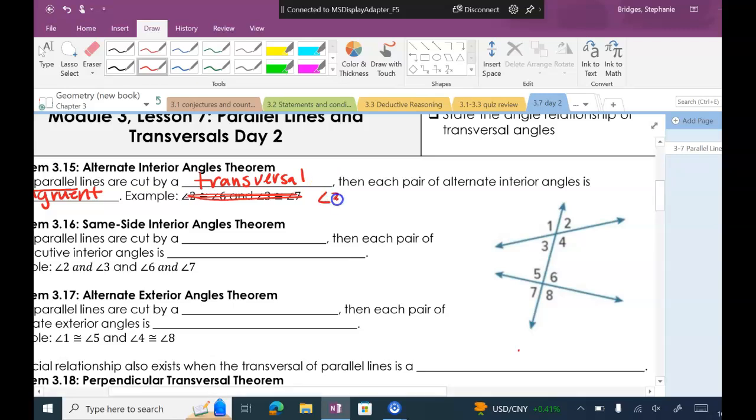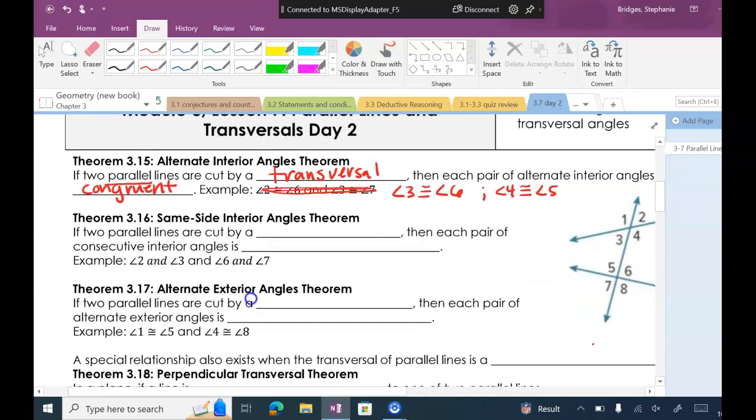So I could say that angle 3 would be congruent to angle 6, and also angle 4 would be congruent to angle 5. And that's if my lines were parallel. They don't look parallel, okay? But if I were to tell you that those lines are parallel, then your alternate interior angles would be congruent.